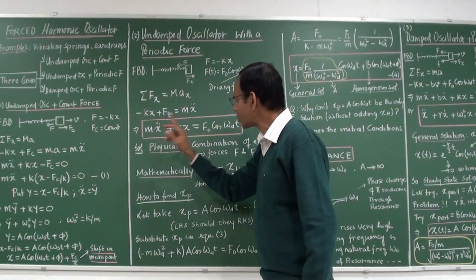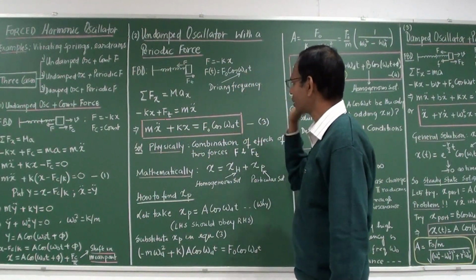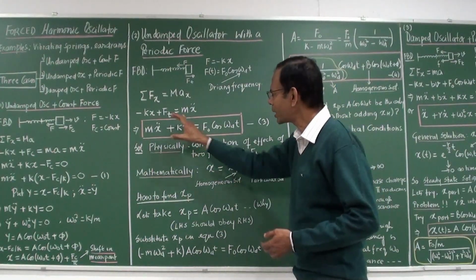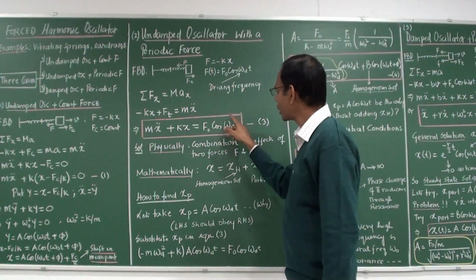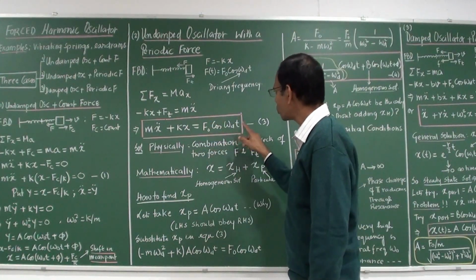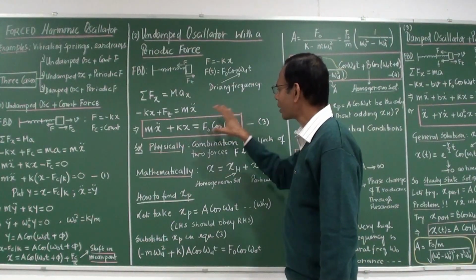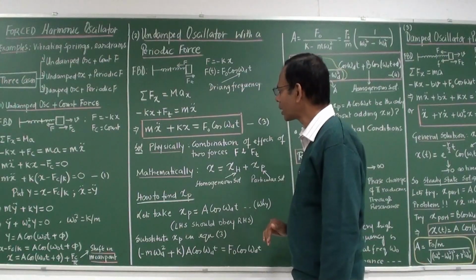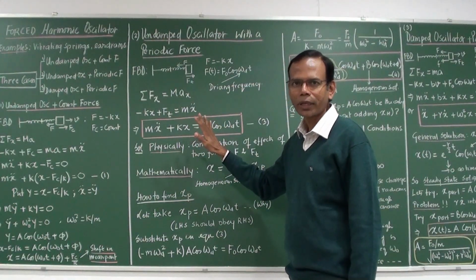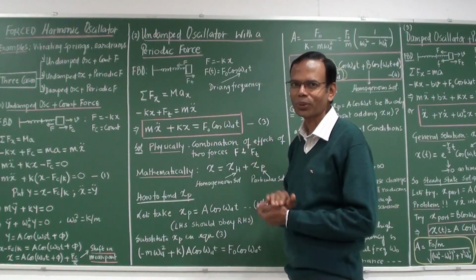So m x double dot plus kx is equal to F0 cos omega d t. So this is my differential equation. Here, this particular force is a function of time, and that is why we have written it on the right hand side. Now we have to find a solution of this equation.